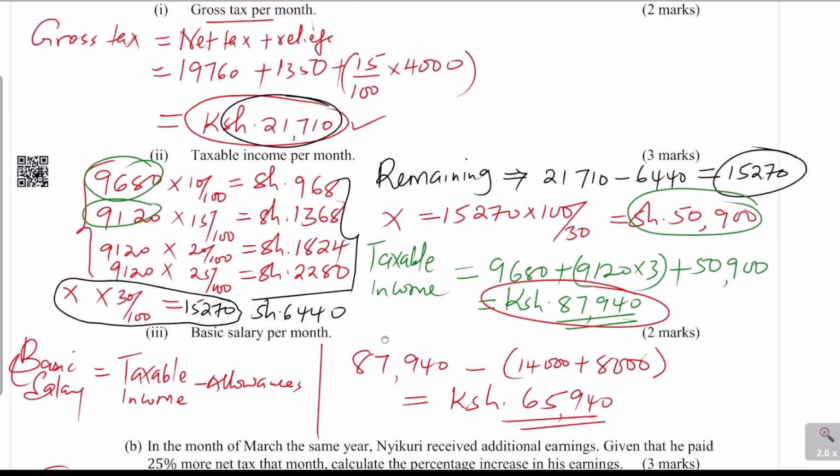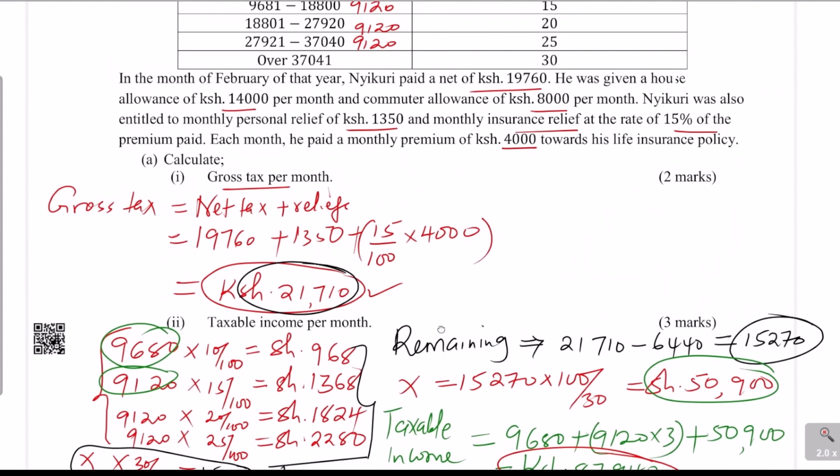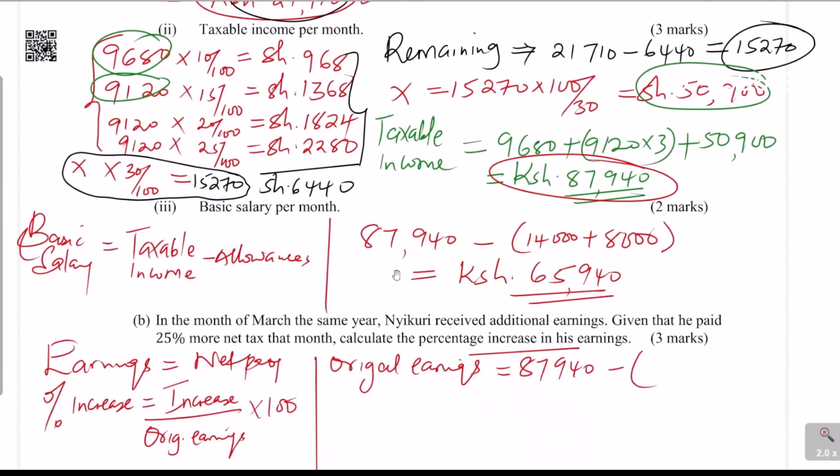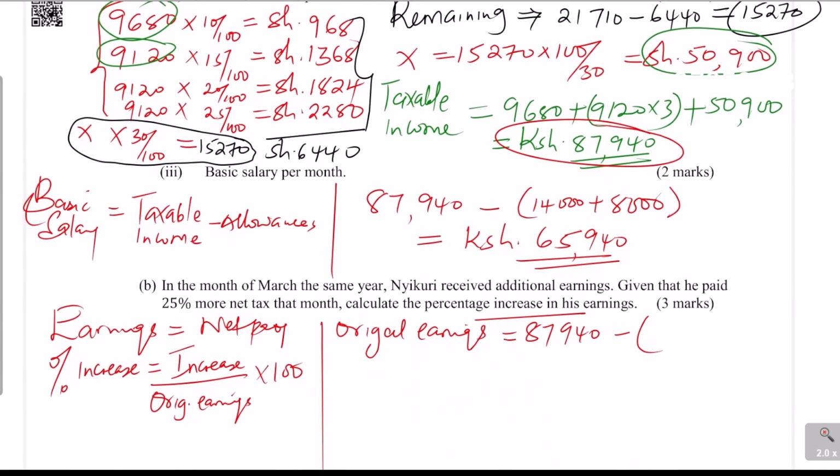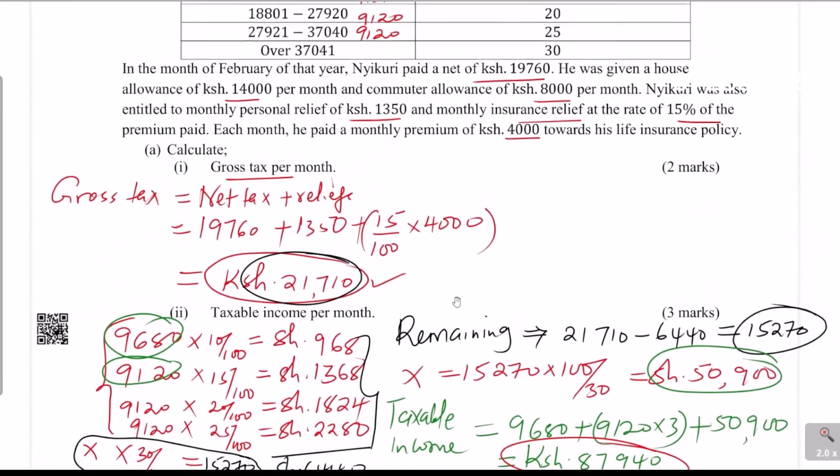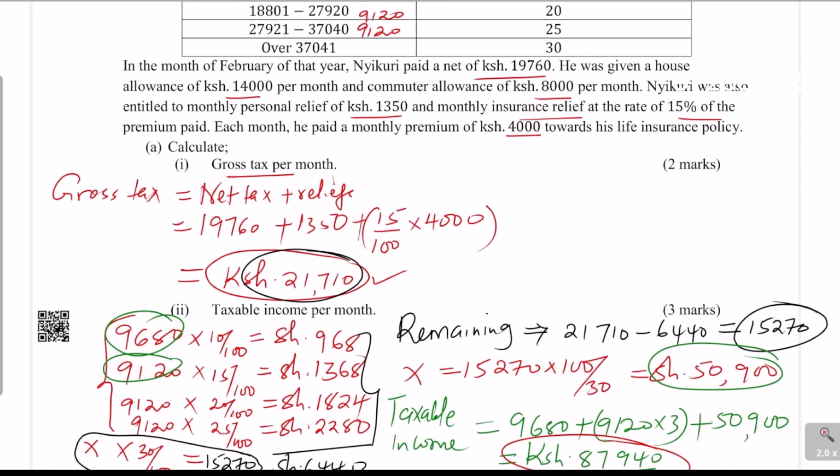The first deduction, of course, it is the net tax of 19,760. So we have 19,760, and then we have another deduction towards the end there. He was paying monthly premiums of 4,000.